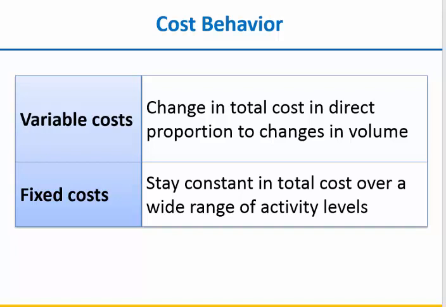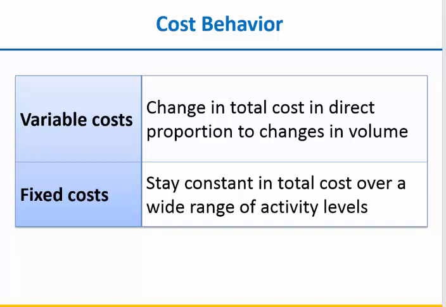If you change the volume in your activity, for example, you provide more services or sell more products, then you see that the change in total cost is directly proportional to the changes in the volume.